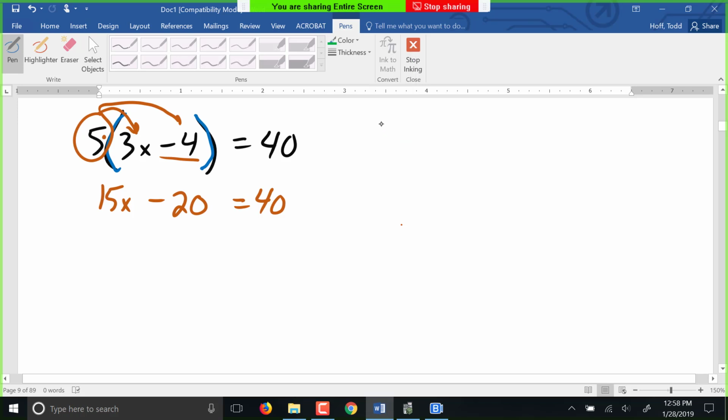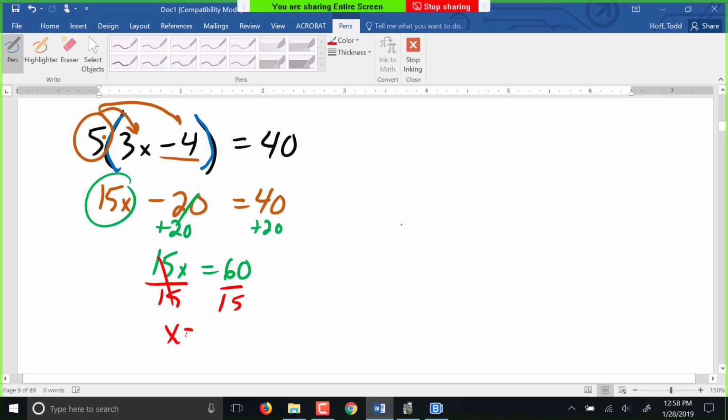What do we do next to solve? Add 20. So we're left with 15x on the left side equals 60. And then we divide by 15. X equals 4.